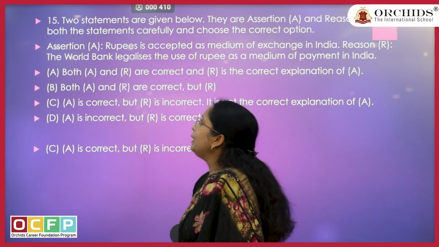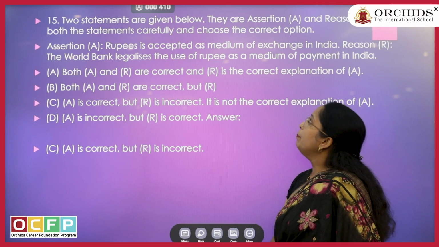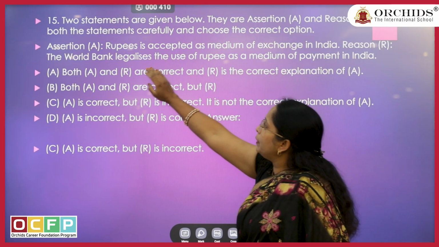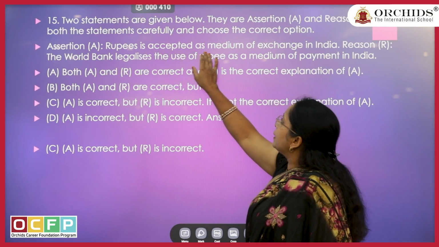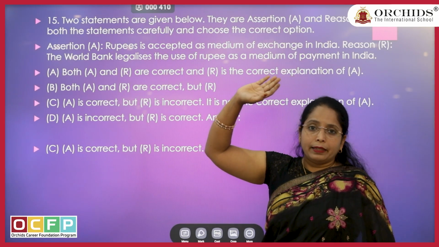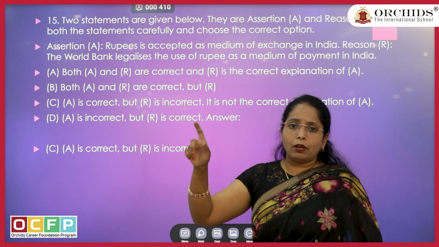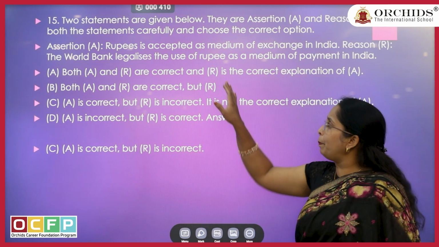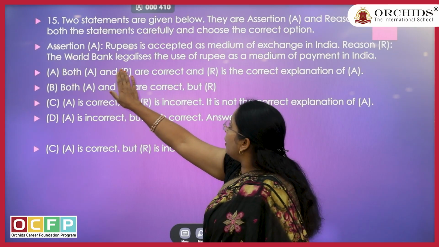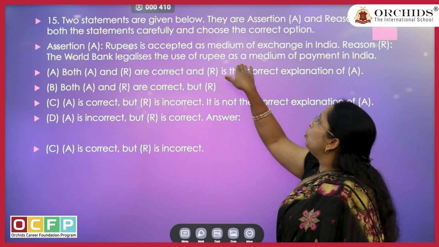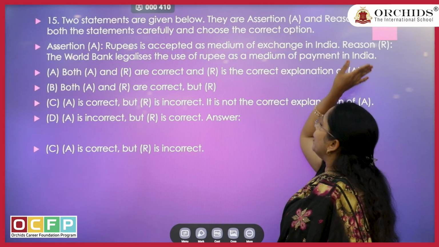Question number 15, two statements are given below. They are assertion and reason. Again, we go with the assertion. Rupee is accepted as a medium of exchange in India. Students, yes or no? Rupee accepted or not? Yes. We know every day we do transactions with the help of the rupee. But the reason is that the World Bank legalizes the use of the rupee as a medium of payment in India.